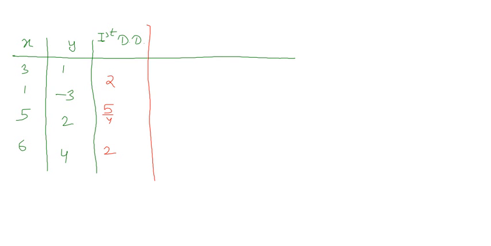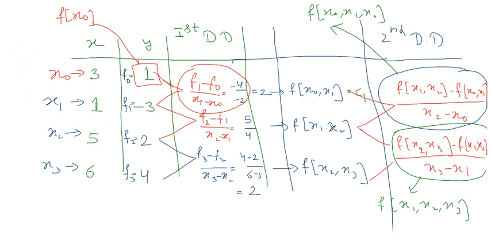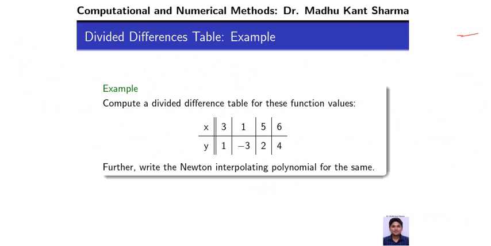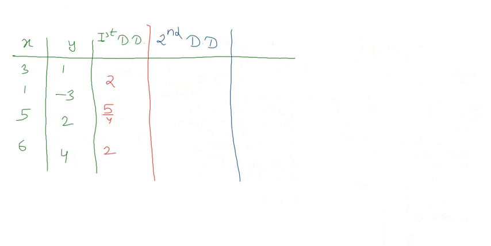Then the second divided difference. What we have observed is, if you calculate these ratios in the second divided difference table, that is 5 by 4 minus 2 divided by 5 minus 3, that is equal to minus 3 by 8.